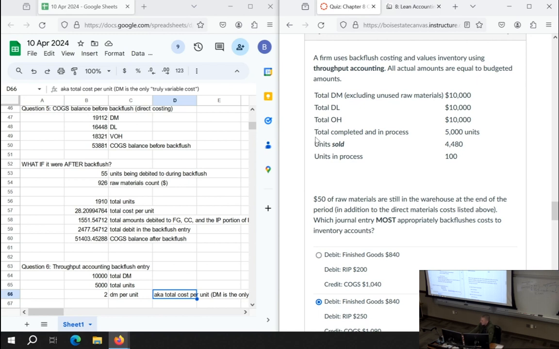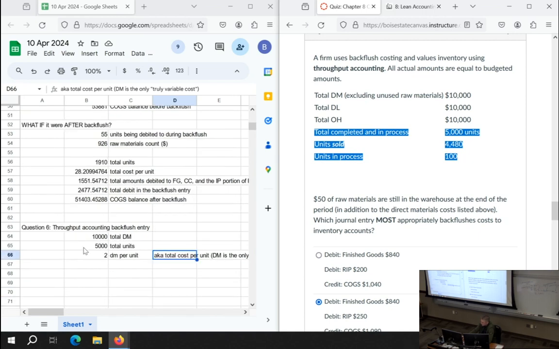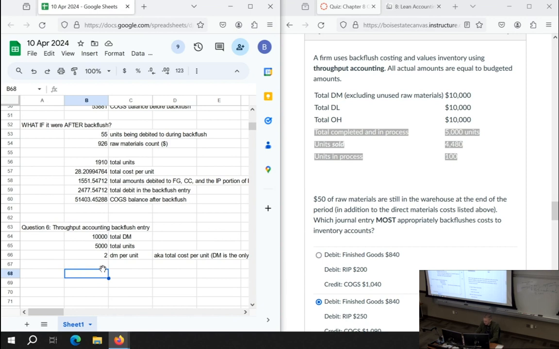Now, we also have this one calculation we have to do again, because I'm not given the number of units in finished goods. We can get that pretty easy though. We have 5,000 total units. 100 of them are still in process. And so I'll break it down to kind of flow through the logic a little better.